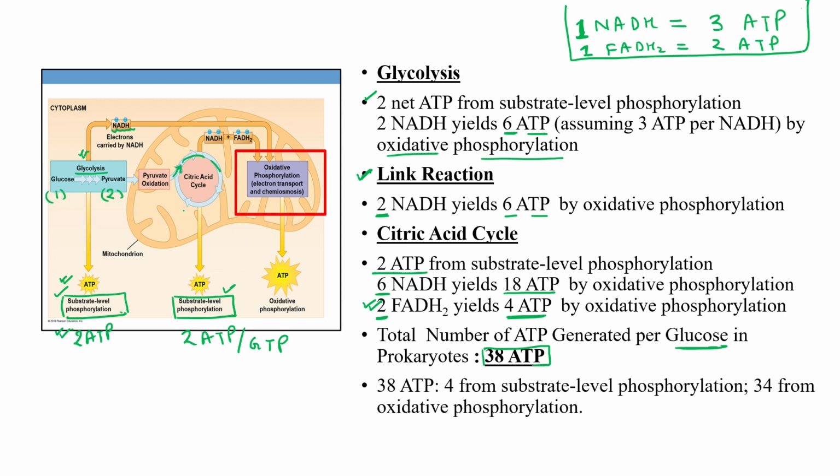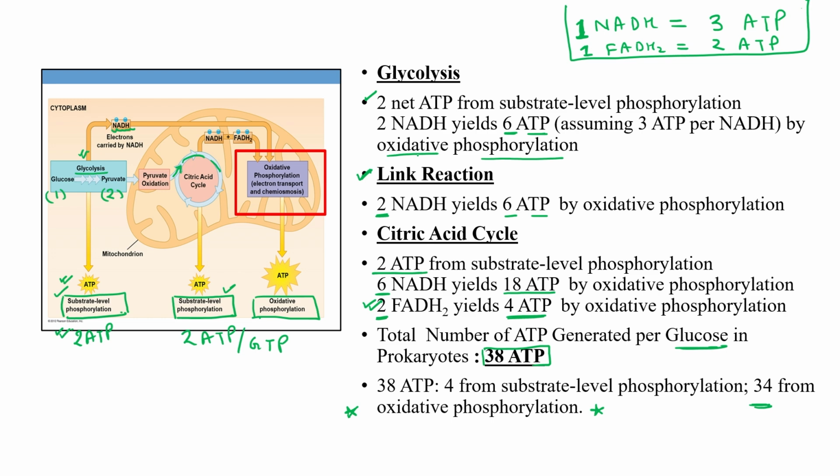The rest, NADH and FADH2, give their energy to convert ADP into ATP molecules during oxidative phosphorylation. Means 34 molecules from oxidative phosphorylation. This is a very important point. Out of 38, 34 are from oxidative phosphorylation.